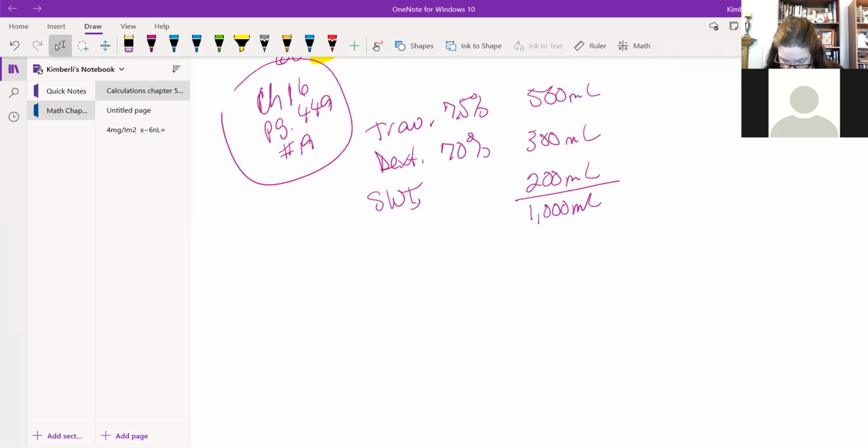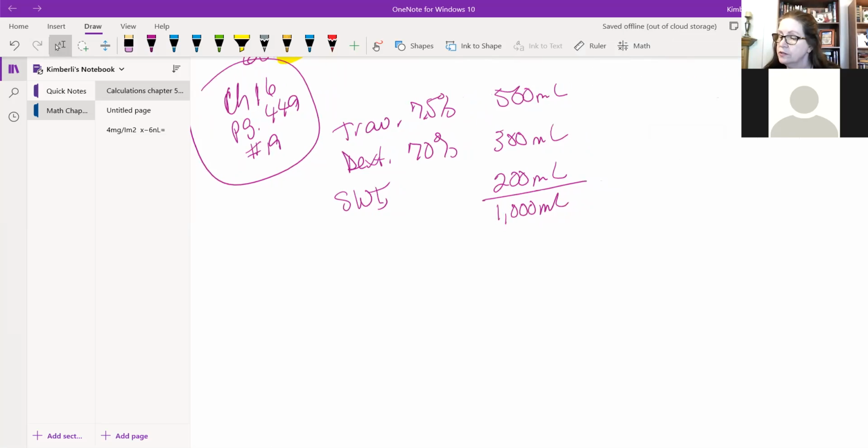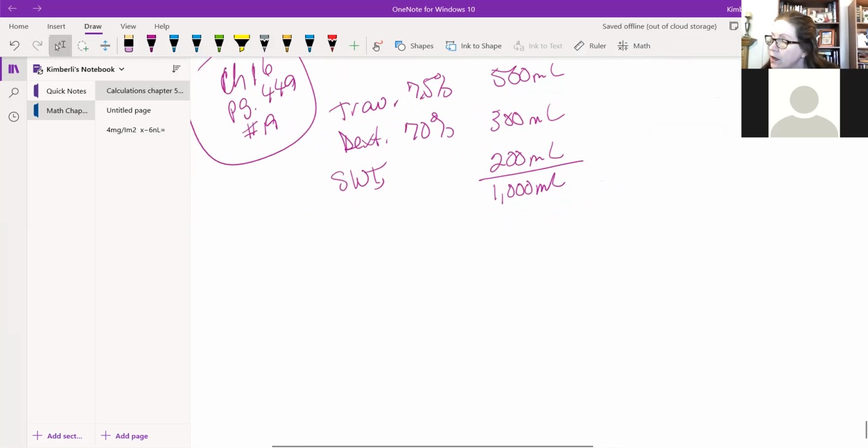Okay, so the final concentration, we have 7.5% and we have 500 milliliters of it, which is half of it. So half your bag is going to be protein or amino acids, the building blocks of protein.